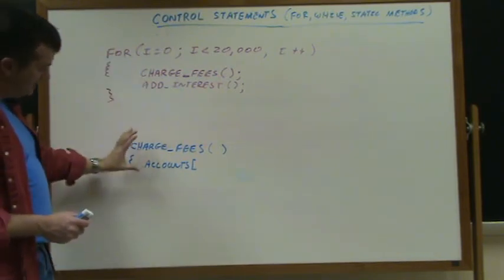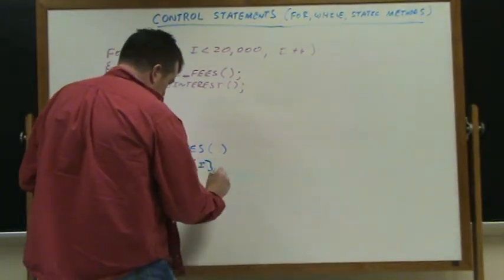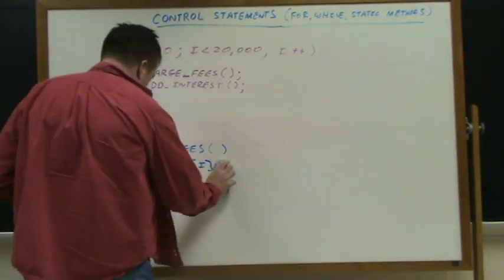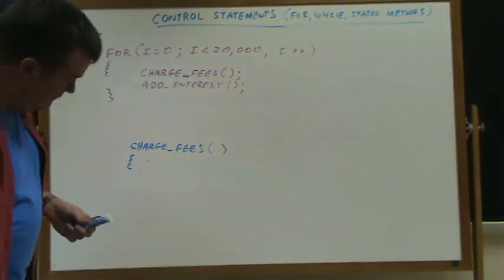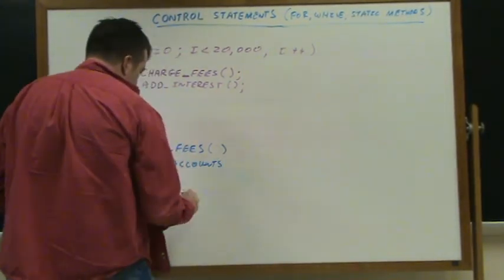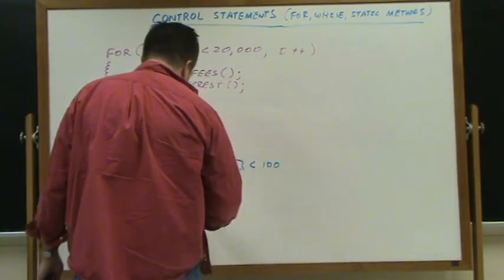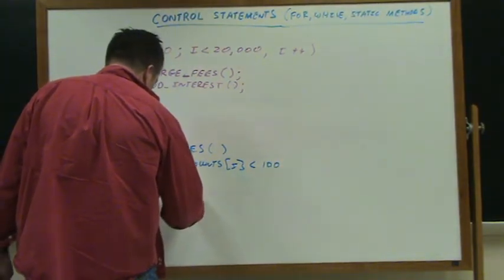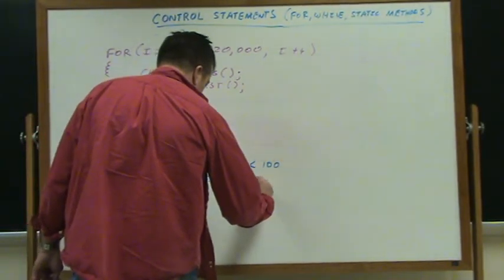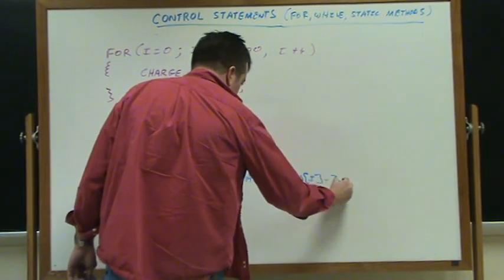So we have to somehow say, for account I, sorry, this should be if account I. If accounts I is less than 100, then accounts I equals accounts I minus $3.